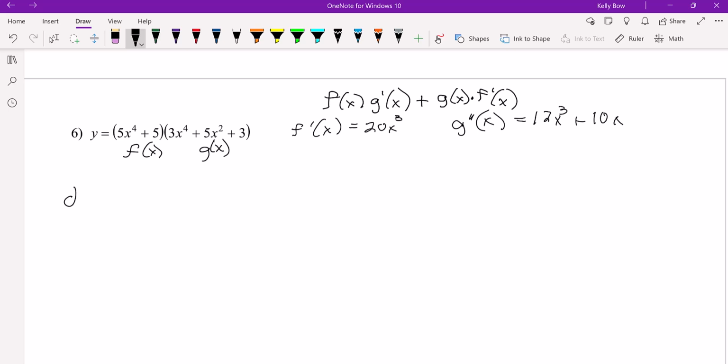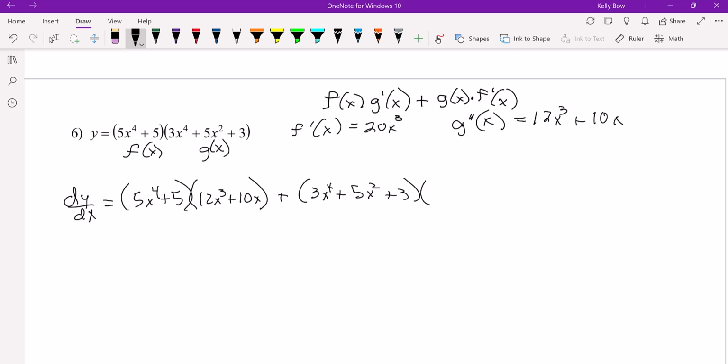All right, so dy/dx tells us F times the derivative of G plus G times the derivative of F.